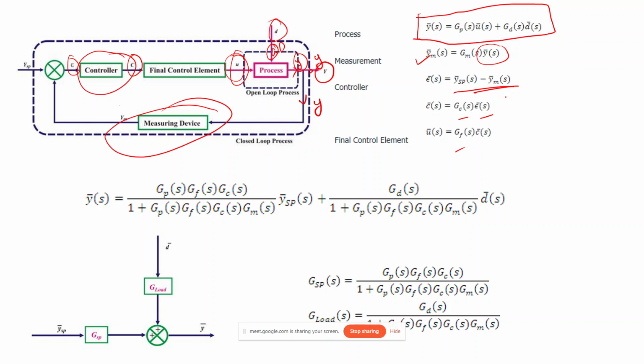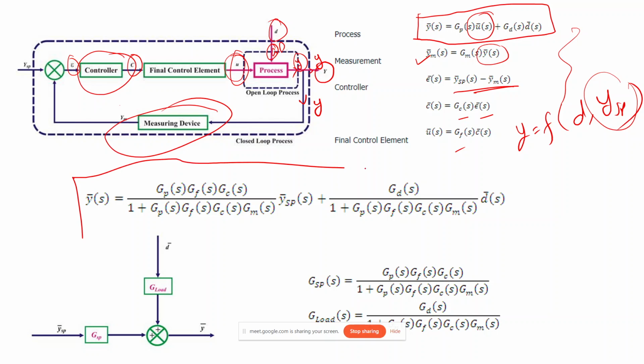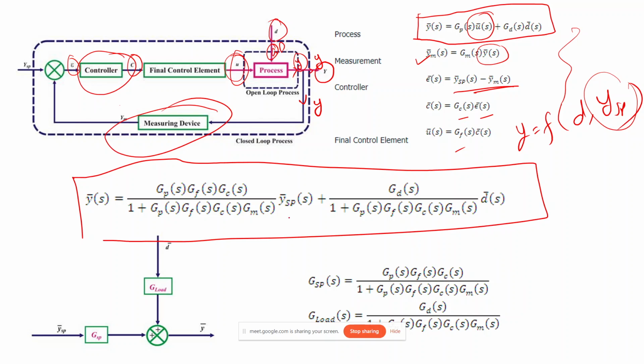Our main task from this study is to develop a correlation between Y as a function of disturbance and YSP. So what we will do is replace this U in terms of YSP using all of these equations. If you carry out this activity, you will get an equation corresponding to the output that relates to the set point change and the disturbance change.